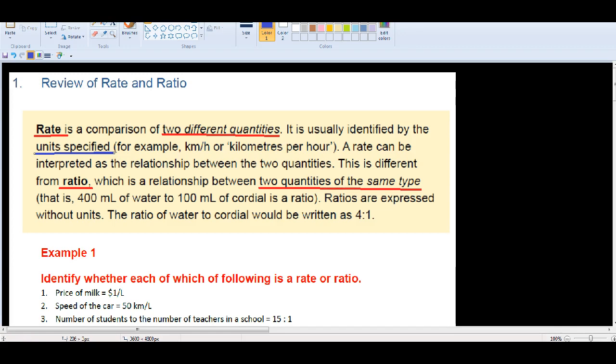But for ratio, the quantities are of the same type. For example, when you have a recipe, you would normally talk about the ratio between the water and the flour or cordial.